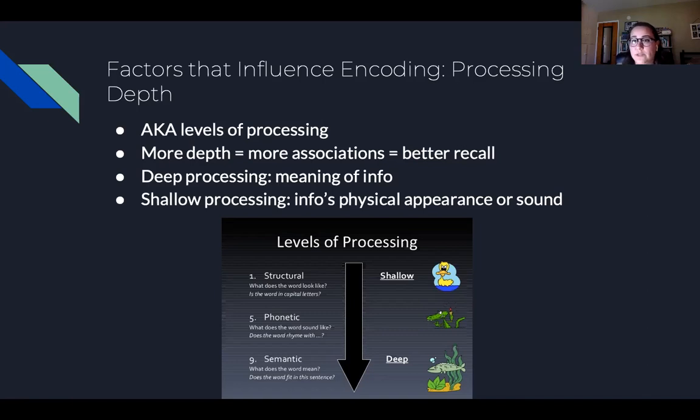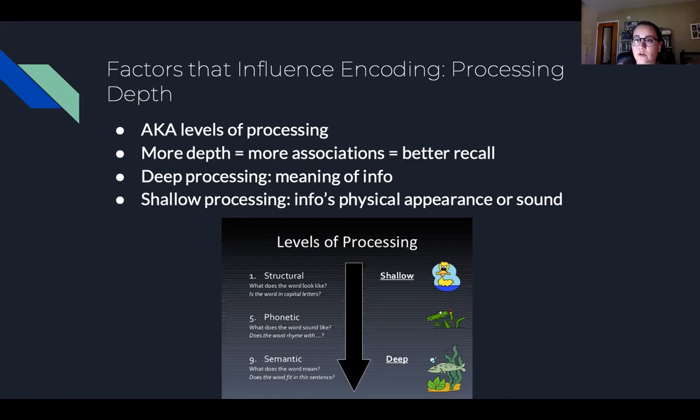So for example, when you consider a word's meaning, like whether it would fit accurately in a sentence, if it would fill in the blank in the sentence on the test appropriately, or if you think about other associations or past experiences you might have had with that word, what it brings to mind, that is deep processing.